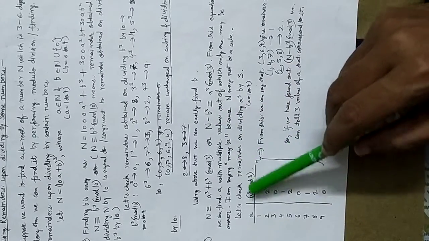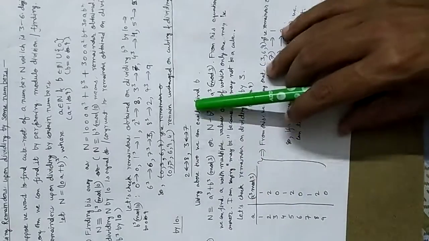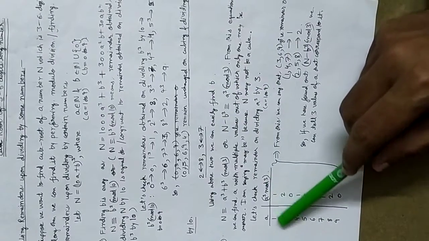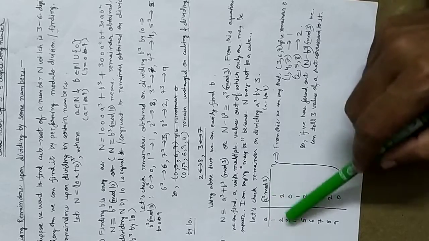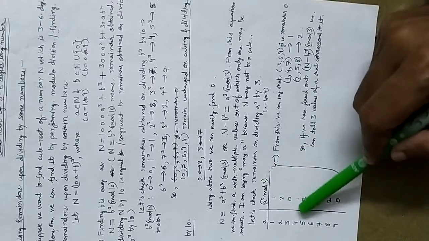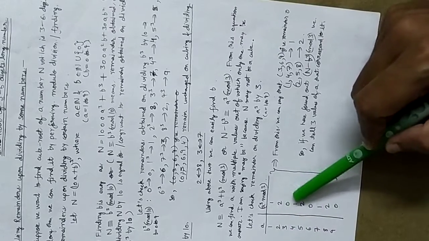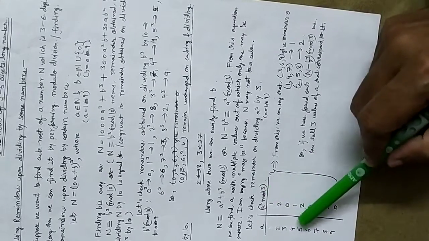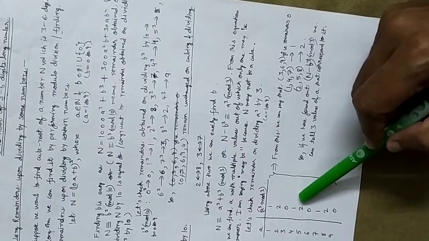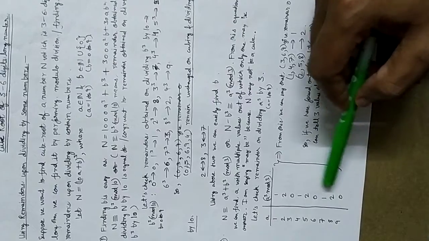So a is equal to 1 to 9, and if we cube it and find the remainder upon division by 3, we get remainders as 1 gives 1, 2 gives 2, 3 gives 0 upon cubing and dividing by 3. 4 gives 1 as 4 is equal to 3 plus 1, so 4 cube gives the same as 1 cube. 5 is 3 plus 2, so 5 cube gives the same remainder as 2, which is 2. 6 gives 0 as 6 is a multiple of 3. 9 gives 0, and so on.